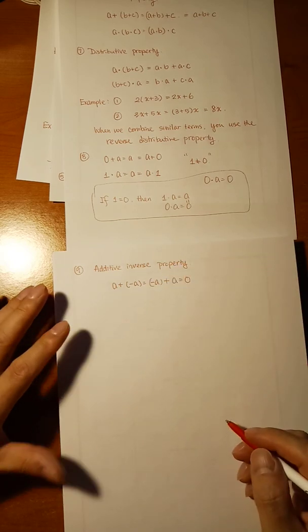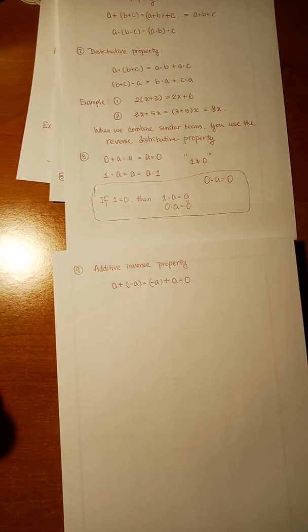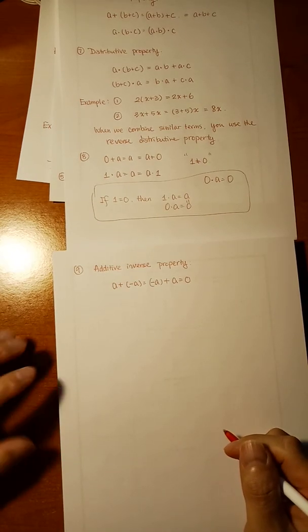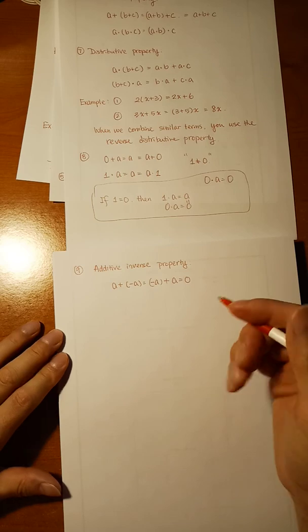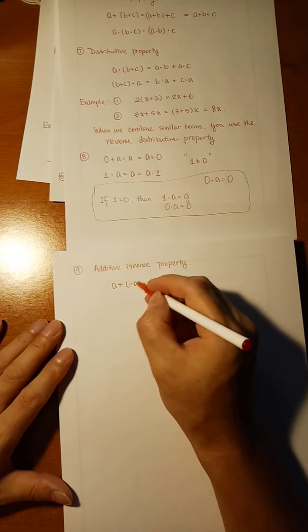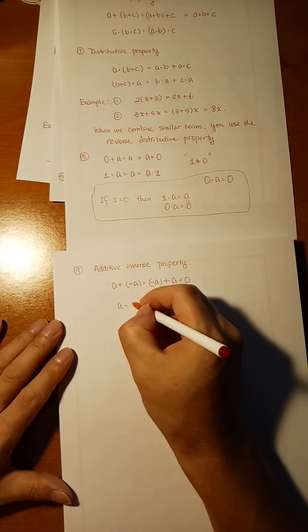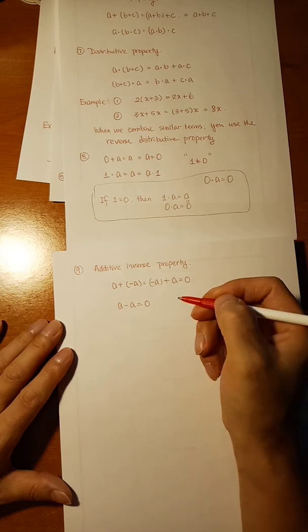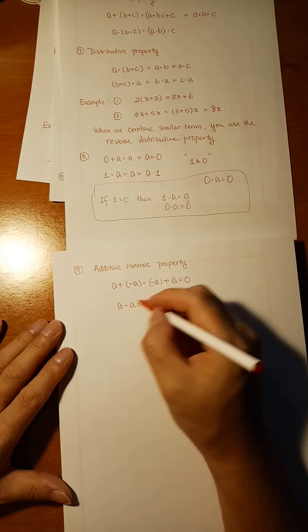Additive inverse means the sum of them is equal to 0. Correct? So technically, if you ignore the parentheses, you will write A minus A is equal to 0. It looks so simple.